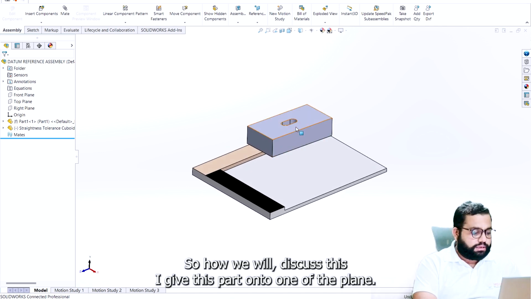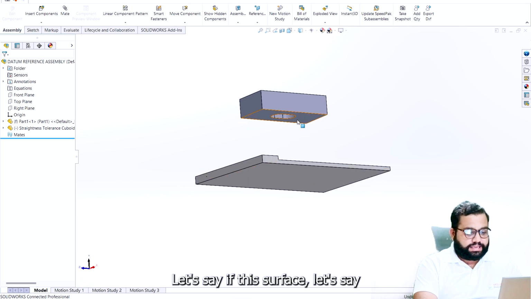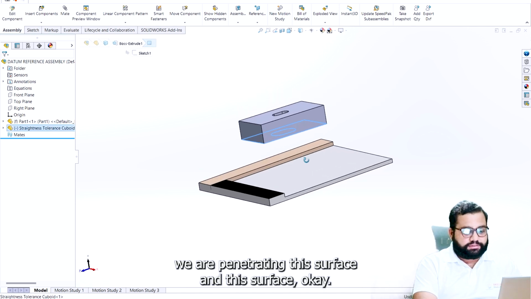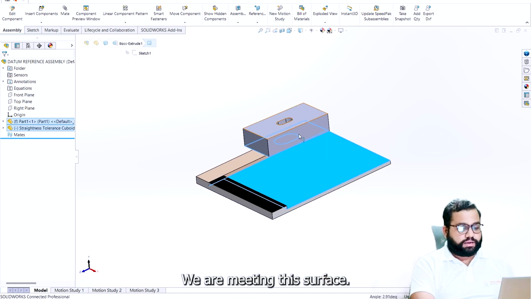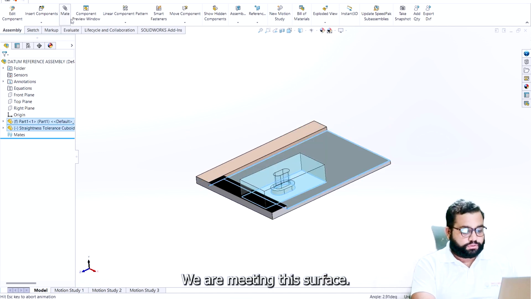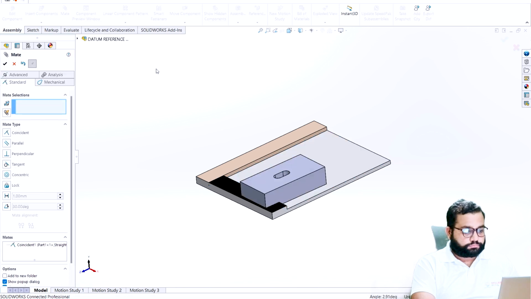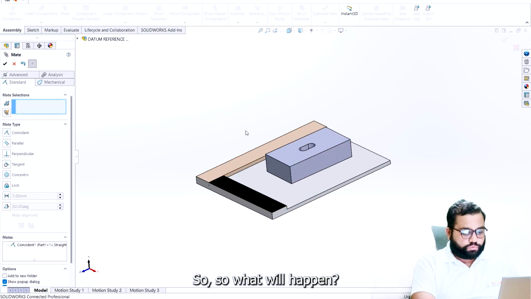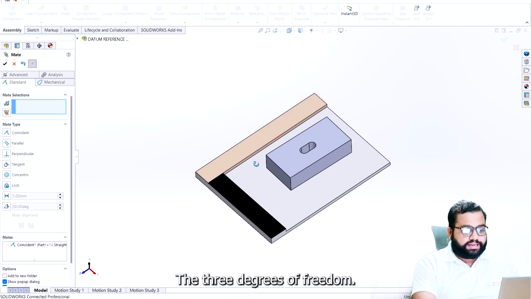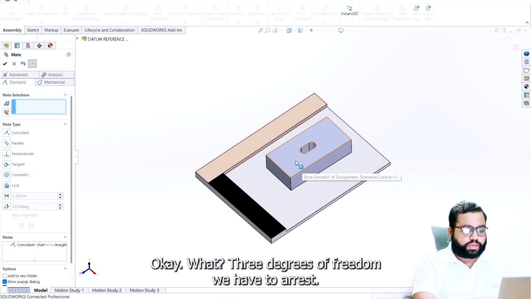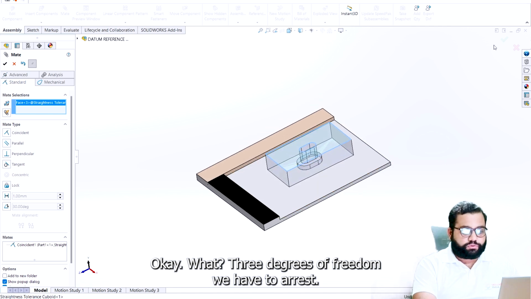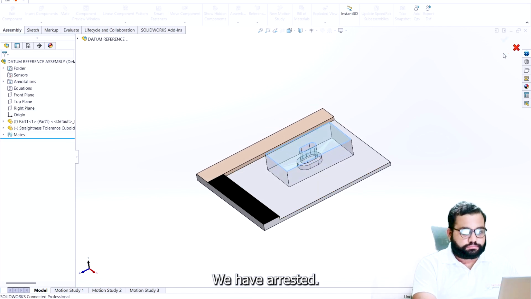So how will we discuss this? I keep this part onto one of the planes. Let's say we are constraining this surface and this surface, mating this surface. What will happen? We are able to arrest 3 degrees of freedom.